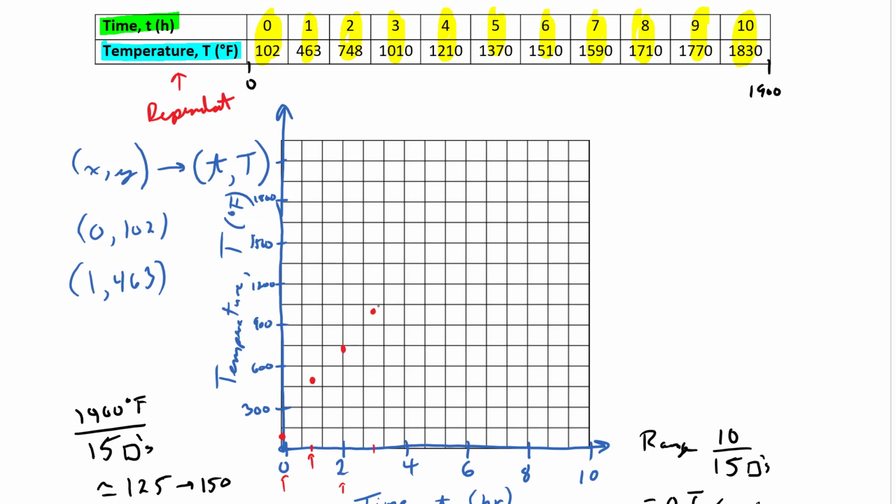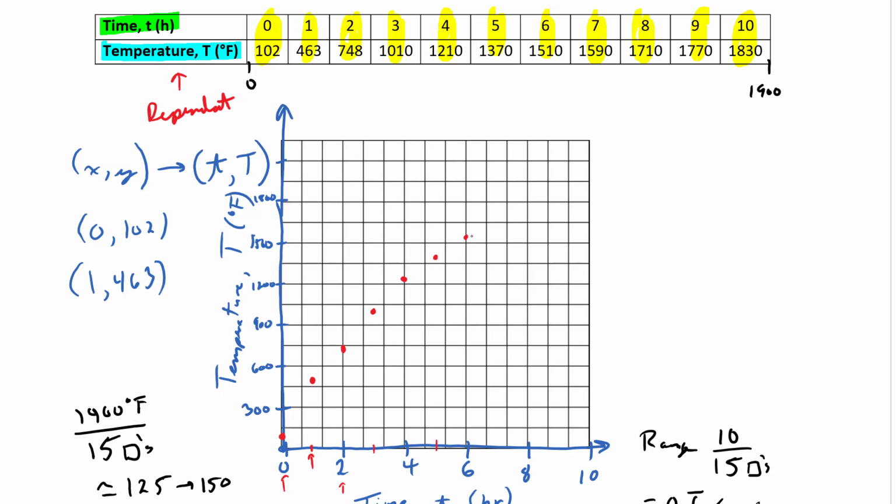Moving along, we go to 4 hours, going up to 1210, so just slightly higher than that. And then we go from 5, right there, all the way up to 1370. 1200, 1350, so just slightly above the 1350. 6, 1510. Right about there.